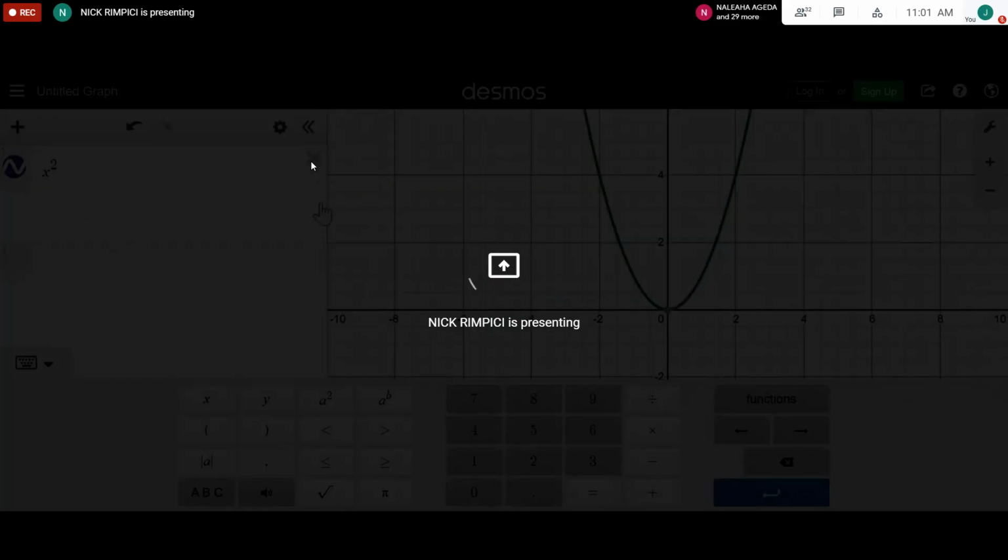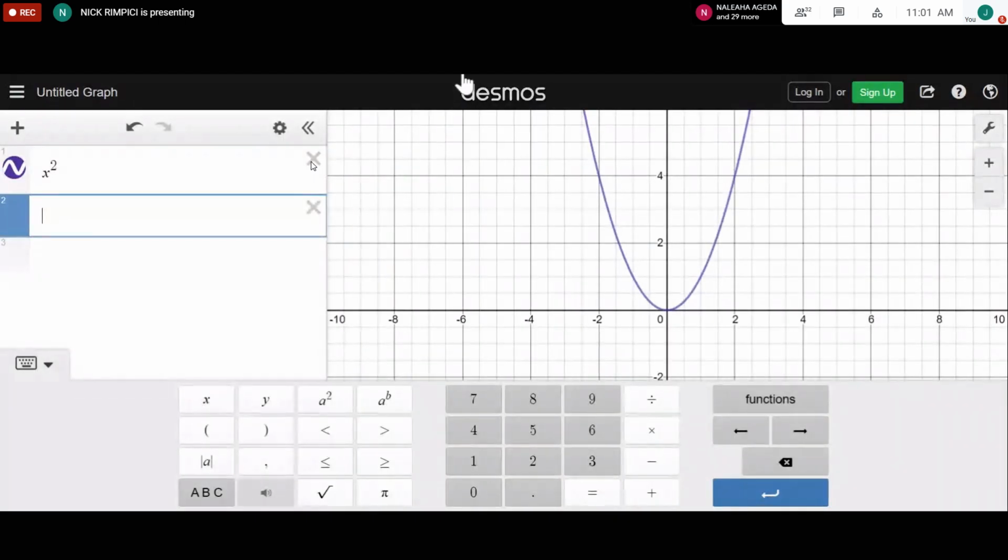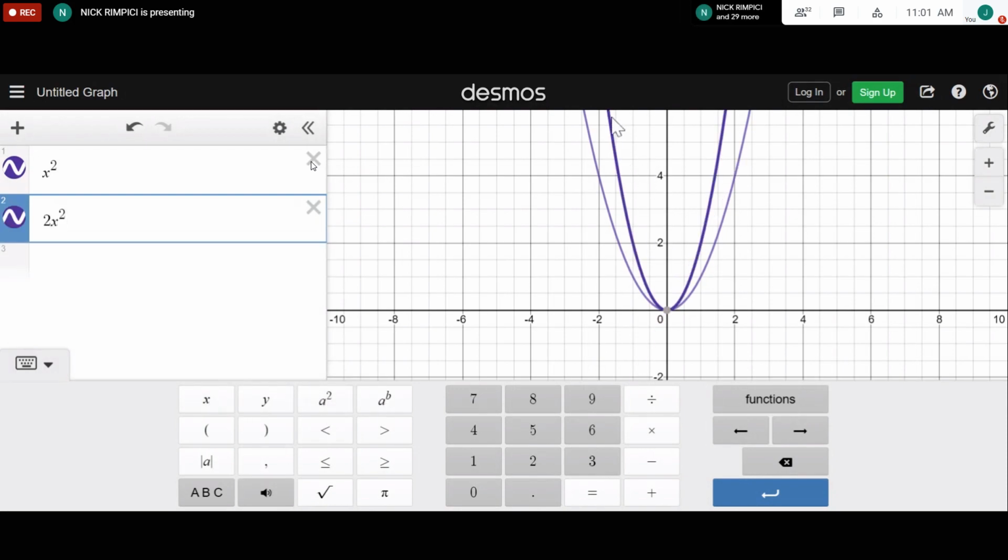So I want to take a look at what's happening when we start playing around with values. Let's try doing 2x squared. Okay, you can see that this one is taller and not as wide as the parent, because I put 2x squared in.